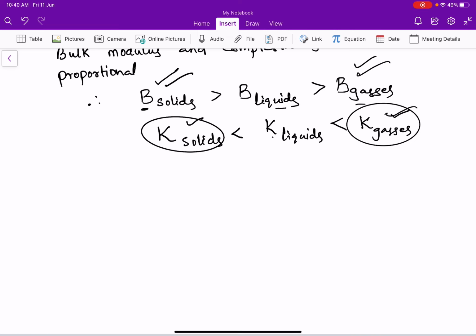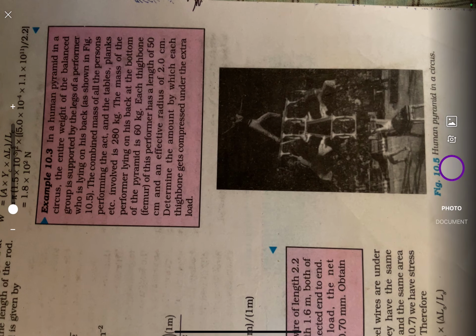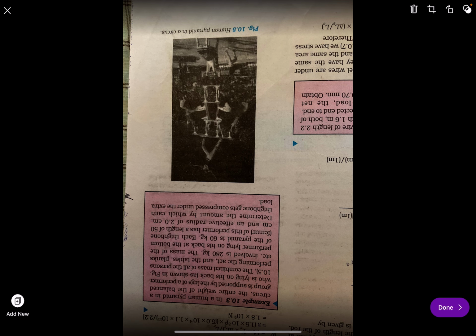Now I am going to explain an example. Example number 10.3.